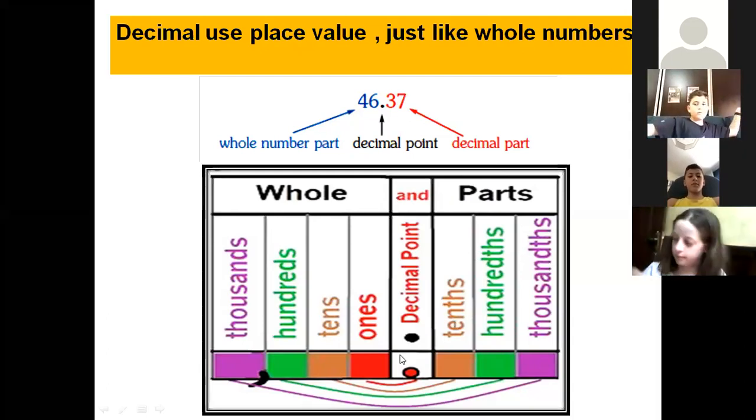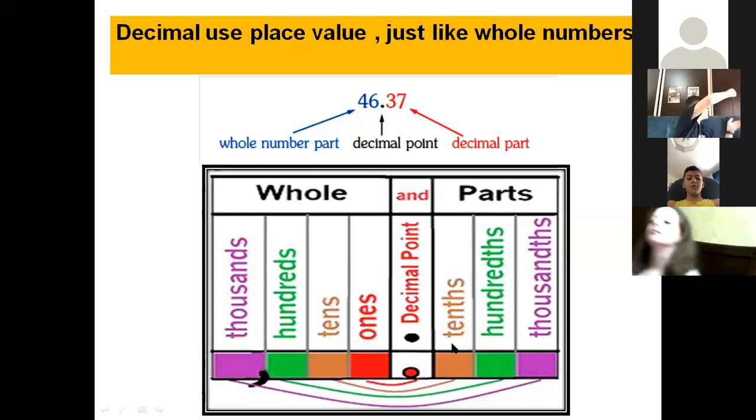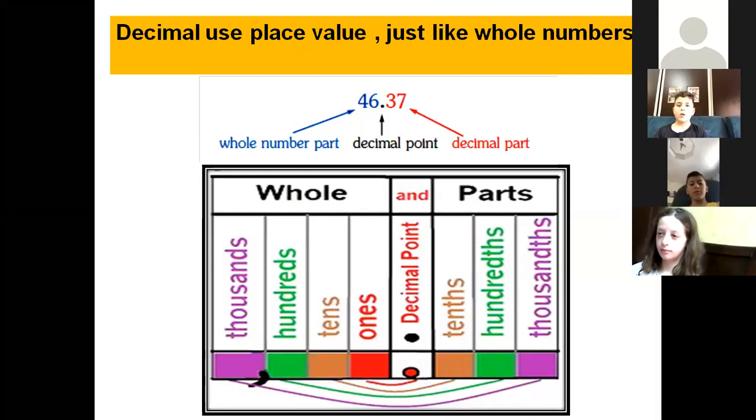So here we have decimal places. The first one we call tenths, then hundredths, then thousandths. As you see, we have the TH at the end. It's very important to put it because it shows the difference between the decimal parts and the whole number parts.